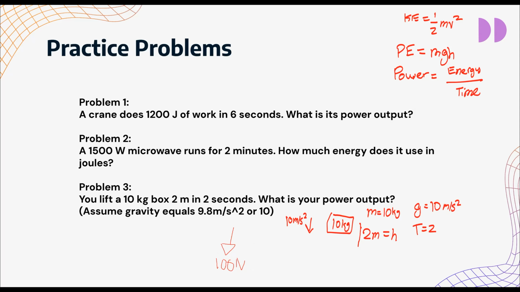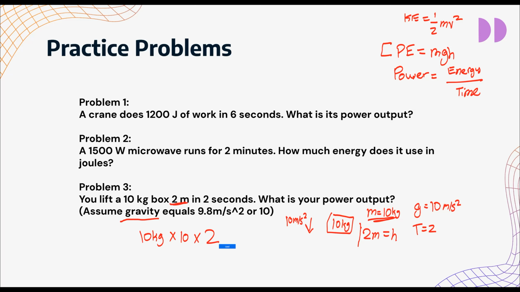What Lucas was doing was the other way, where we use force times distance, but the way I would go about this, especially because I have the potential energy formula up here, is we're given the mass, which is 10 kilograms, and we're given g, which is also 10 in this case, 9.8 or 10, it doesn't matter, times the h, which is two meters.